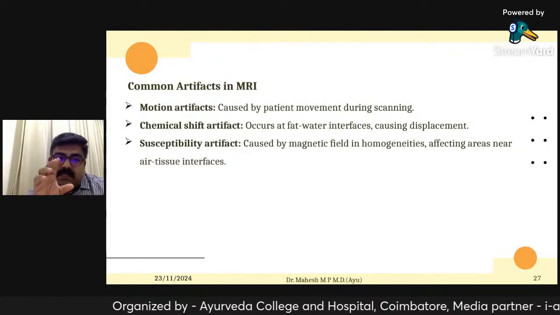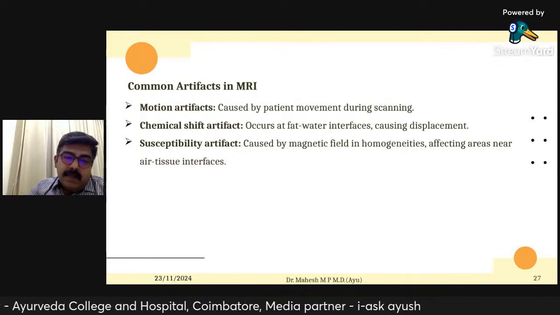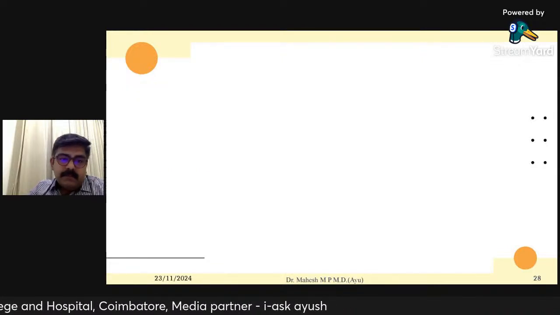These are the common artifacts seen in MRI scans.